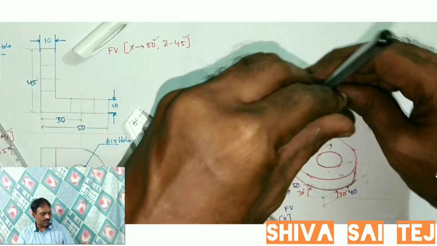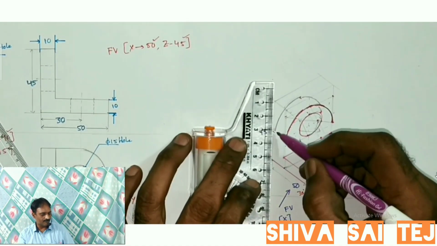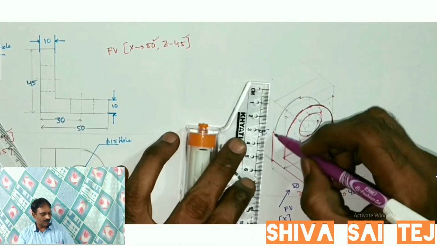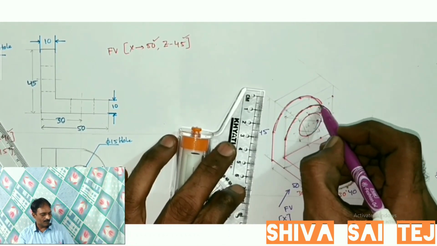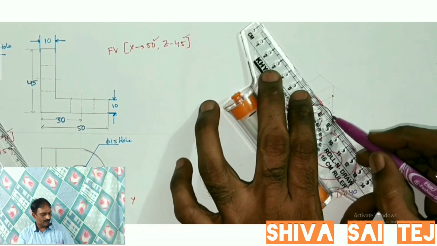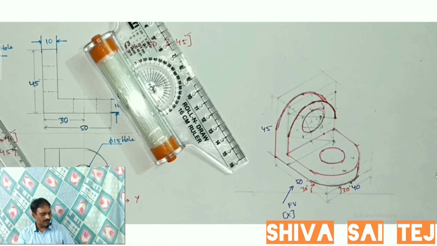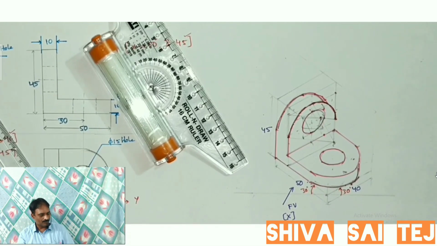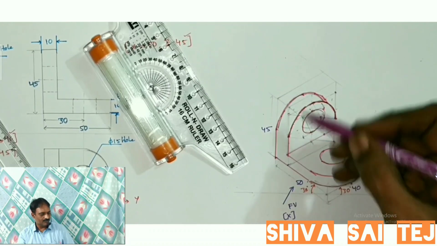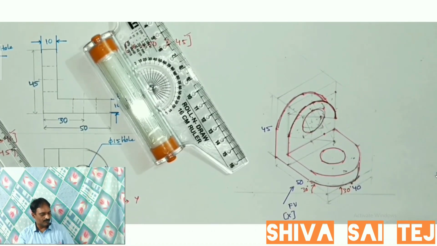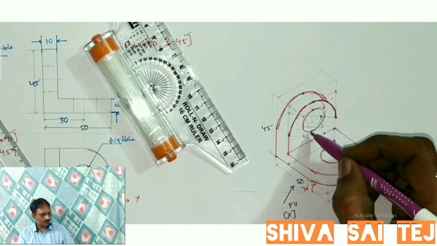So in order to do that, again locate these 3 points 10 mm along x direction. So from here 10 units and again 10 units. Next. So once these 3 points are located, that portion is going to represent the circular hole from the back layer of the side view.